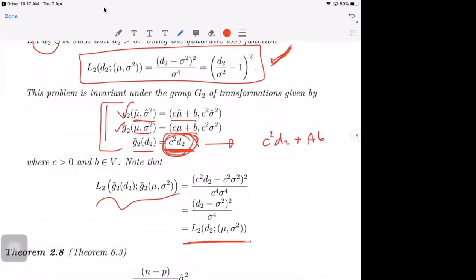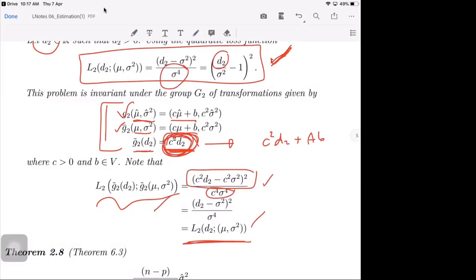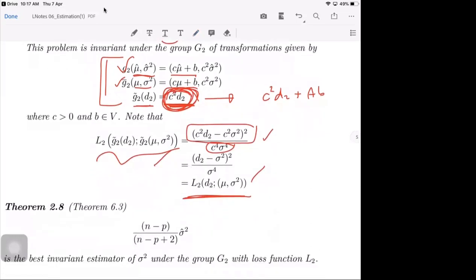So with this transformation class, this is what results: D2 over sigma squared minus 1, or D2 minus sigma squared quantity squared over sigma to the 4th. Okay? But your transformation is like this in your space. So this is invariant under this loss function and this group of transformation G2.